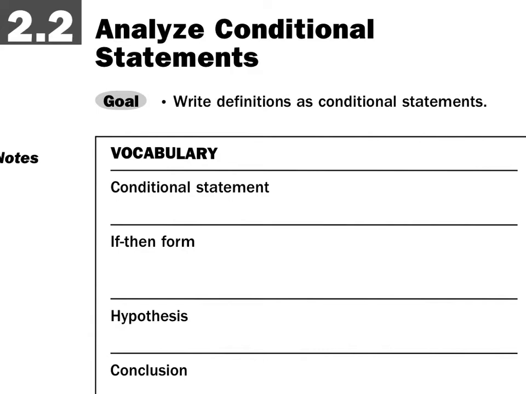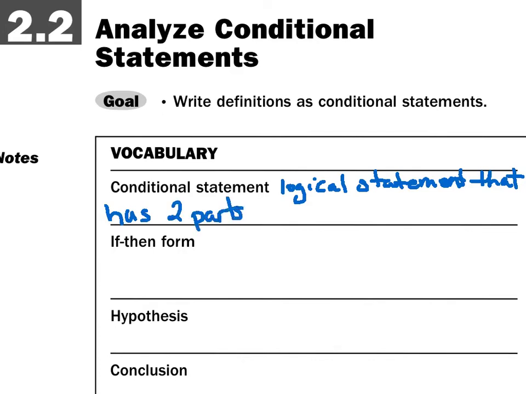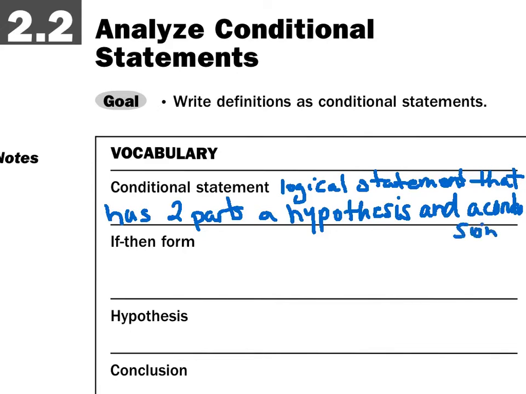This is a logical statement that has two parts, a hypothesis and a conclusion. Bad handwriting, I'm sorry. A logical statement that has two parts, a hypothesis and a conclusion.